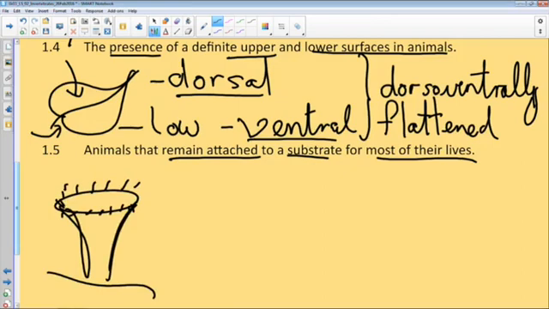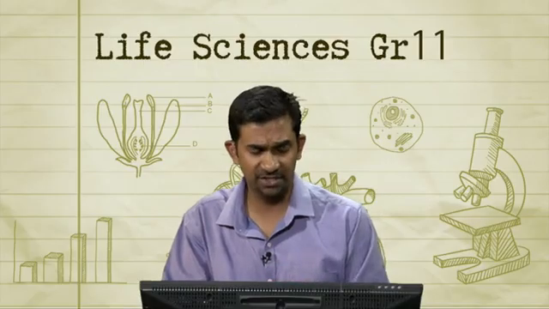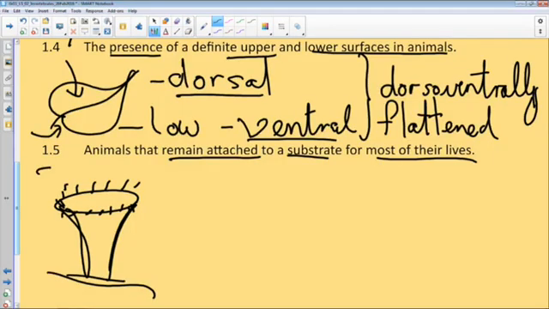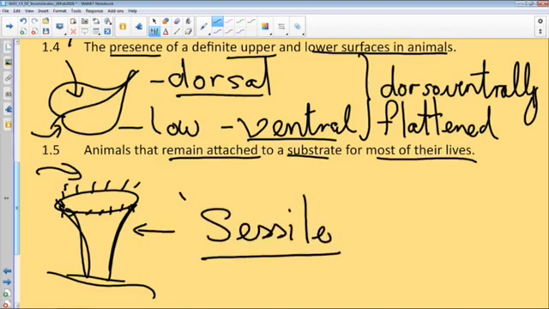It's classically found in clams, your shellfish. These are attached on a substrate, and they rely, and even your polyps and corals, they rely on the current to bring in food. And we refer to these organisms as being sessile. And sessile is the term that refers to organisms that are attached and remain stationary.